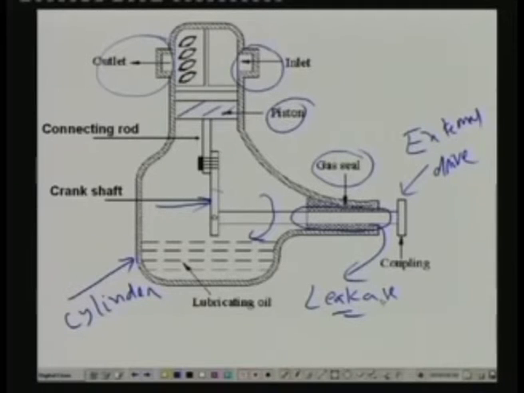However, as we shall see later, these compressors have higher efficiency, and the heat of compression can be rejected directly to external air. So, heat rejection can take place externally. Normally, these compressors are connected to service valves at the inlet side and the outlet side, and at the bottom of the cylinder you have an oil sump where lubricating oil is stored.